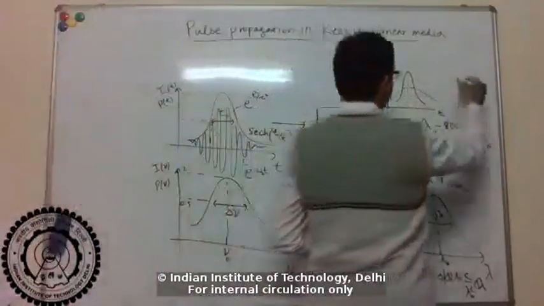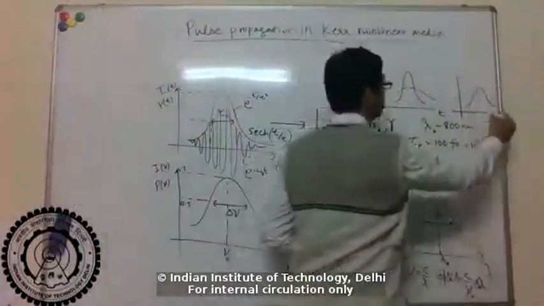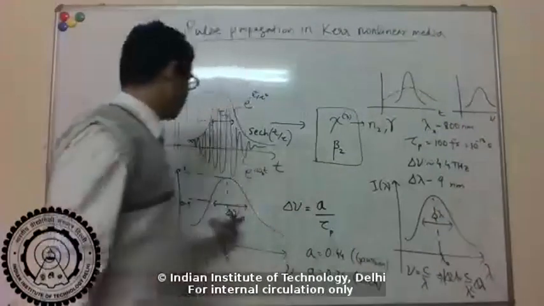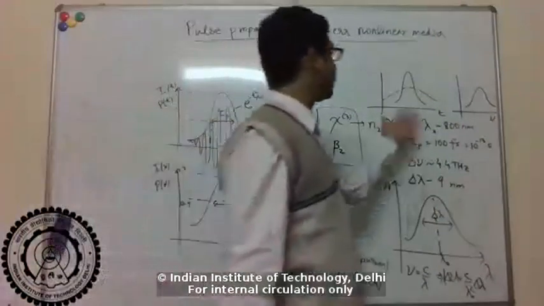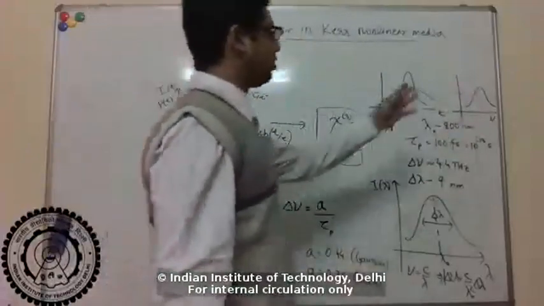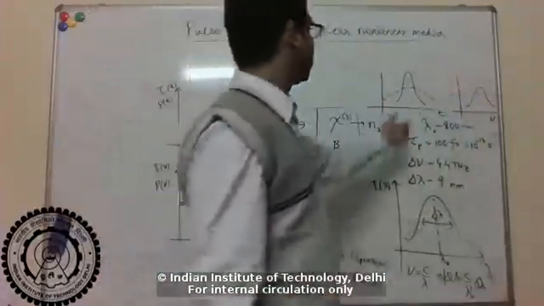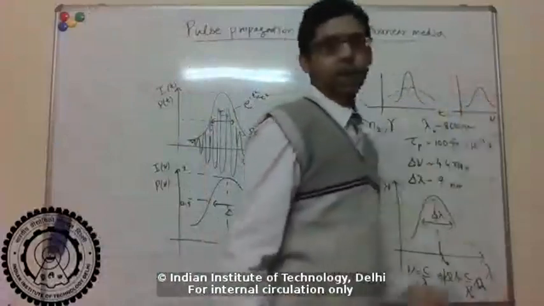But in the frequency domain, nothing should happen. Due to dispersion, the frequency components which were present at the input are the same as those present at the output. Nothing happens to the spectrum. Only the relative phases of the different frequencies change because they travel at different speeds, which leads to broadening in the time domain, but in the spectral domain, nothing happens.